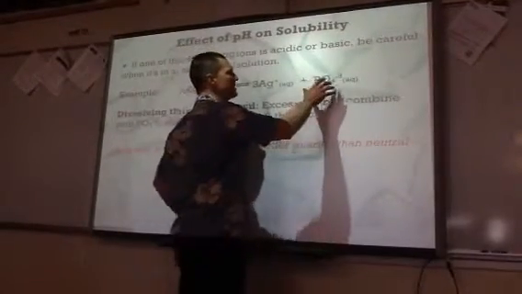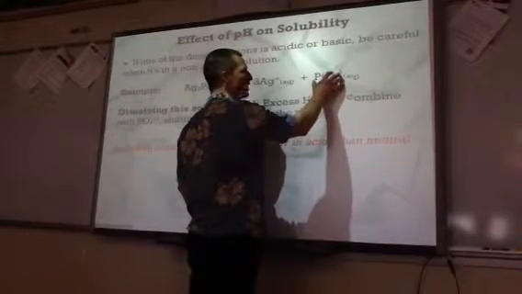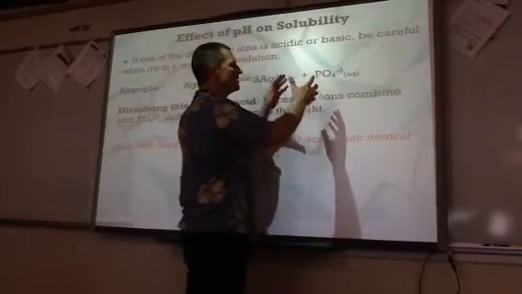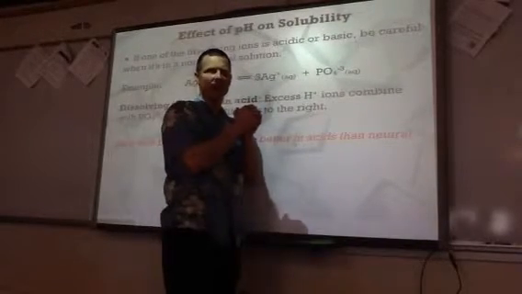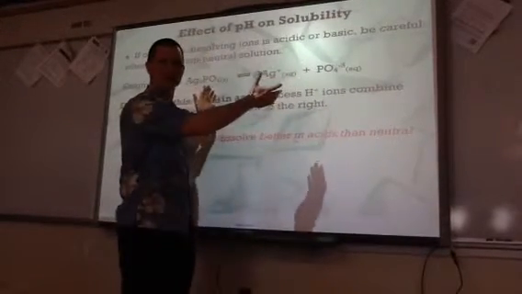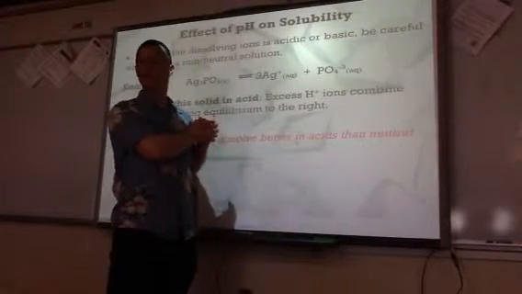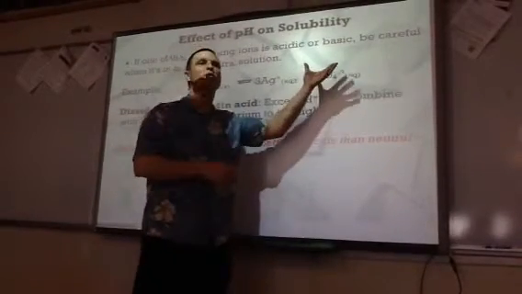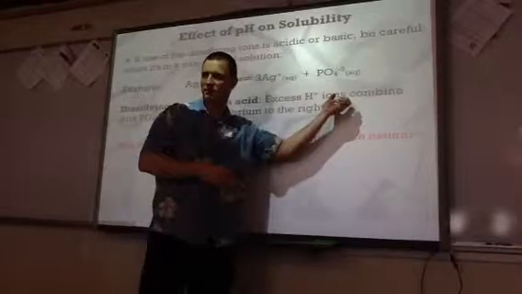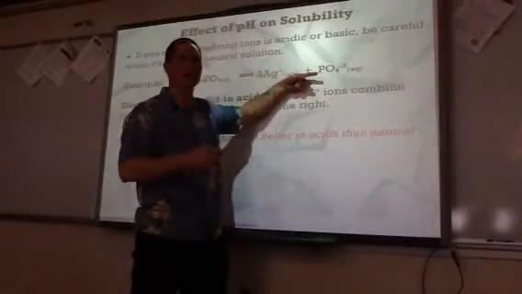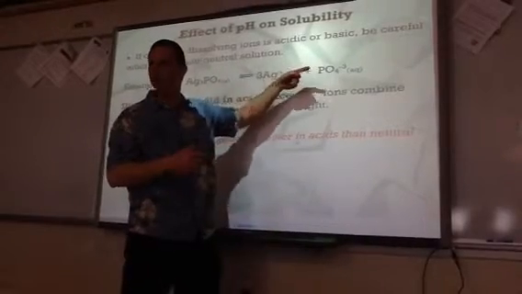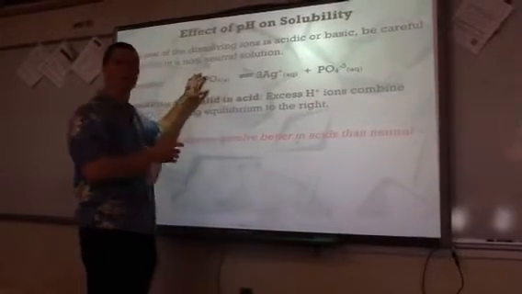So the presence of hydrogen ions is going to cause these phosphate ions to absorb and to take on those hydrogens. And what does that do to the equilibrium reaction, according to Le Chatelier? We're removing one of the products as it gets reacted with the hydrogen ion, which causes this reaction to continue going right, which is doing what to this solid?